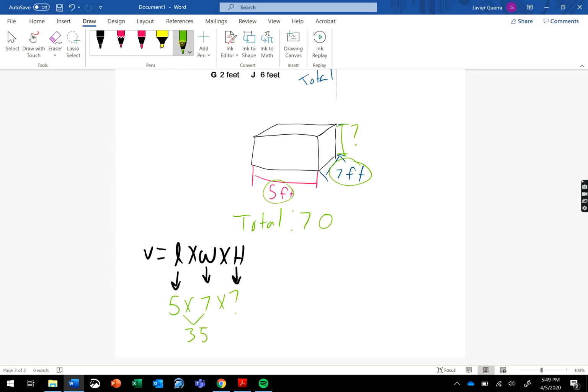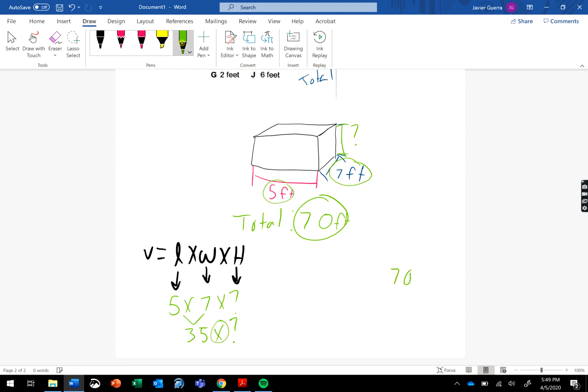So we have 35, and we need to get 35 times something to equal 70 feet, right? So 35 feet times something equals 70 feet. Very, very simple. We can do this in our head, or I can do the opposite, right? If I have 70 feet, I need to do the opposite of multiplication, which is what? Division, right?